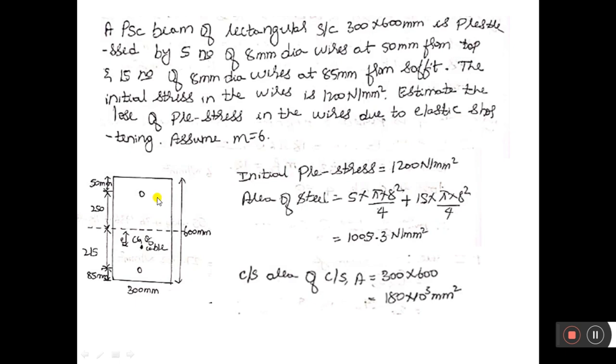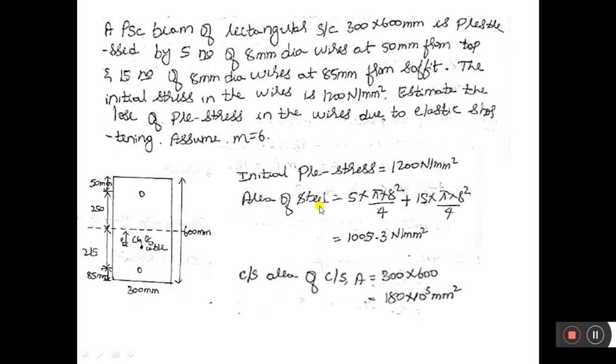Then what are the cross section areas of cable 1 and cable 2? The initial prestress is known, it is given in the question, and if I calculate the cross section area of cable 1 and 2, then I can calculate the initial prestressing force applied to the cable.